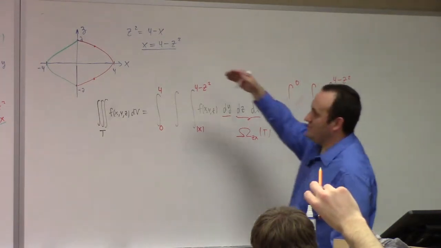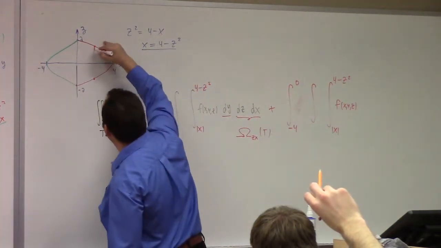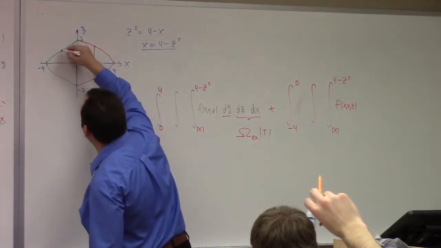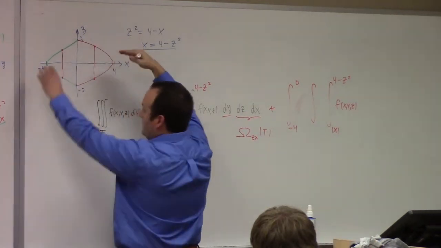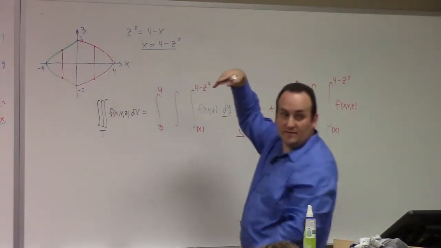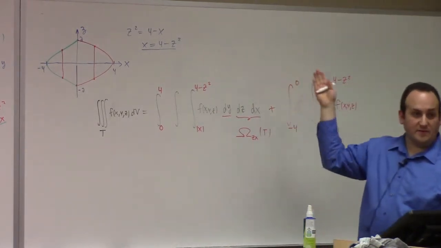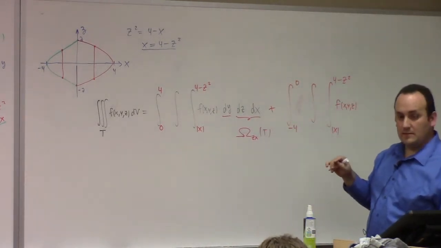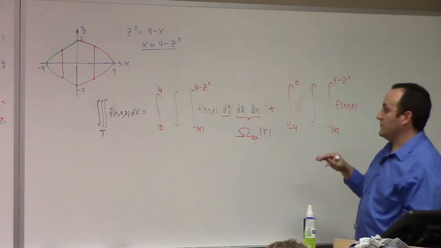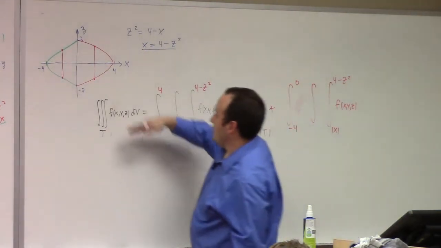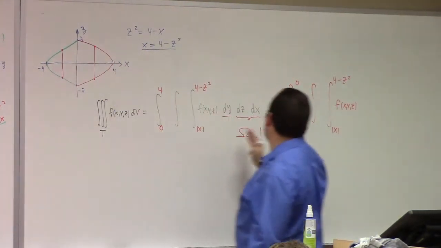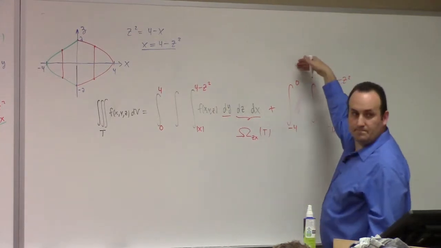Because there's not the same top and bottom here as there is over here. The profile curves that bound z as a function of x are different on the left and the right of the shape. So I have to break it into two integrals, one going from 0 to 4 and the other going from minus 4 to 0.